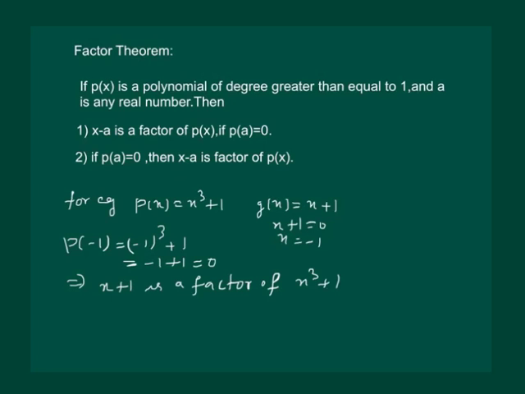And the second part of the theorem states that if we can find some a for which p(a) is equal to 0, then x minus a is a factor of p(x).